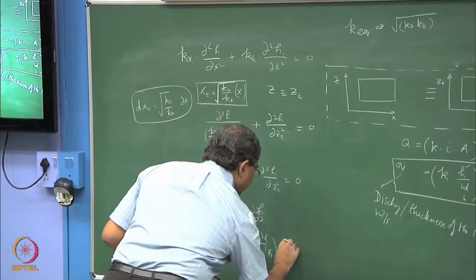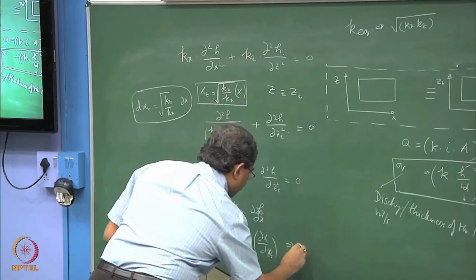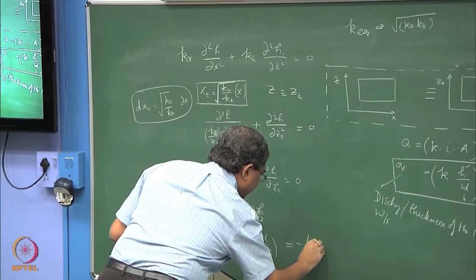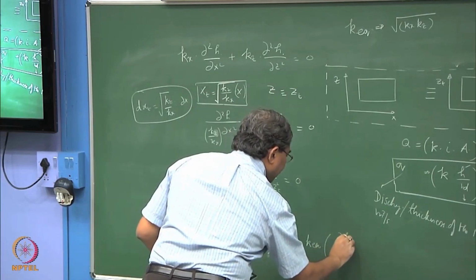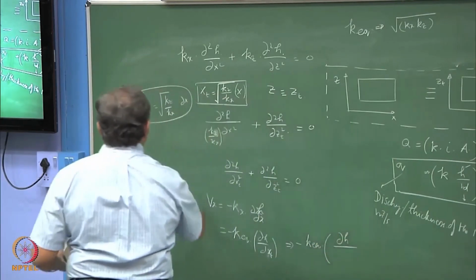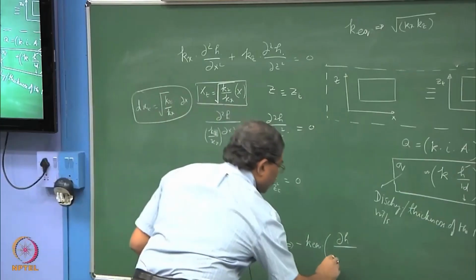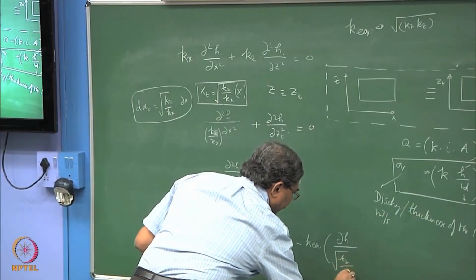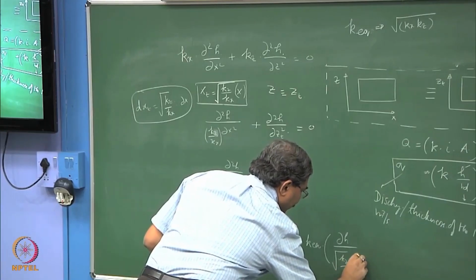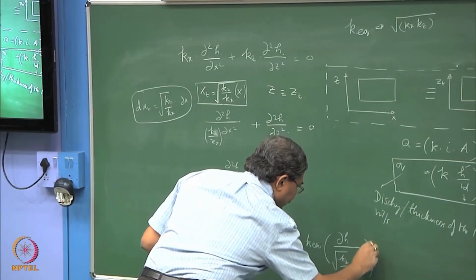Now, this will be equal to minus k equivalent. What will be del h upon del x t? This will be under root k z upon k x into del x.